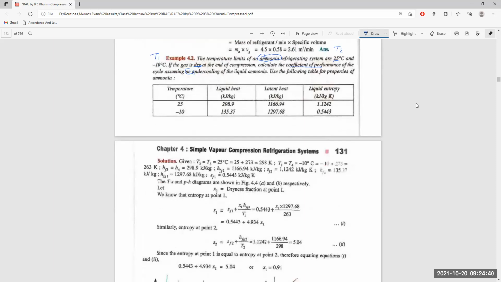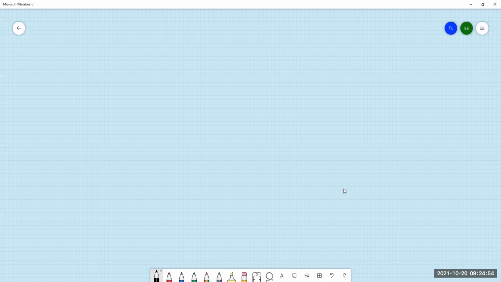Actually, we have to draw, first, the TS diagram as well as the pH diagram.